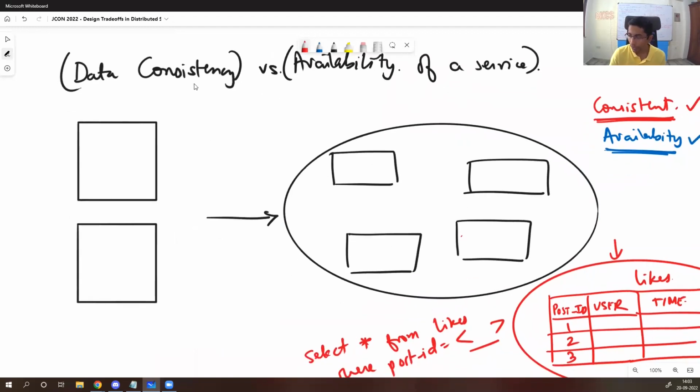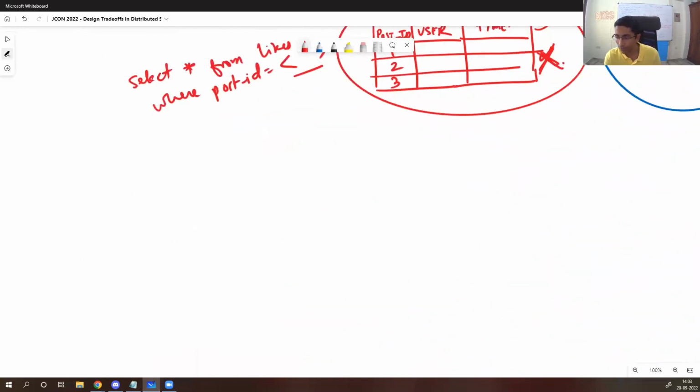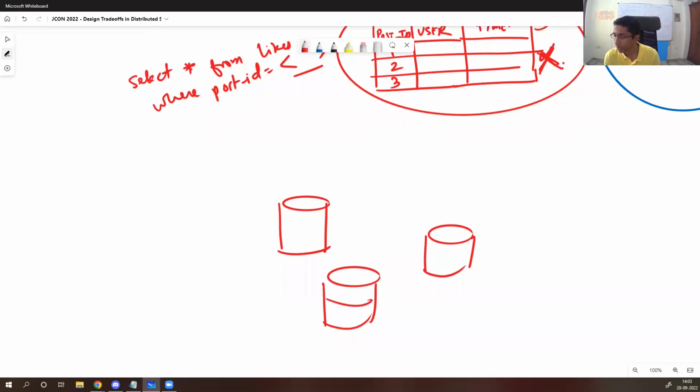The trade-off would be that you have a distributed database or some sort of a distributed system where the data being stored is in 3 nodes. So let's call this node number 1, 2, and 3.